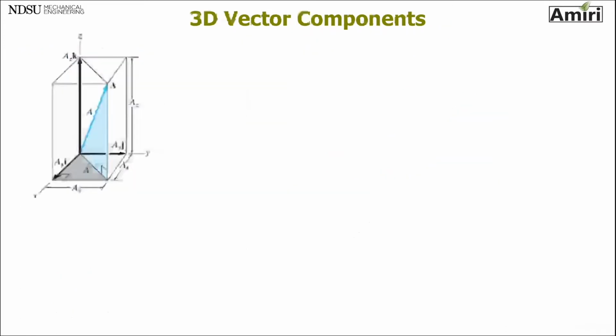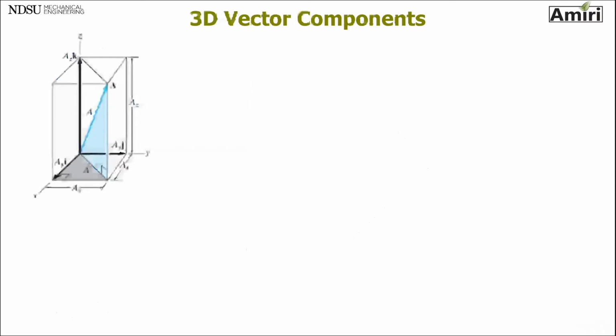Okay. So now let's look at a vector in a 3D space or a Cartesian vector. The goal is to either have ax, ay, az and find a, or start with a, find ax, ay, and az. So the goal is basically to express a into its components.